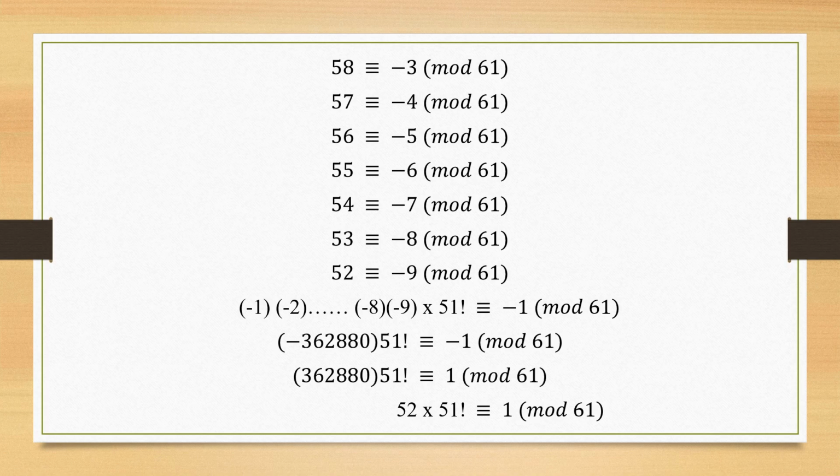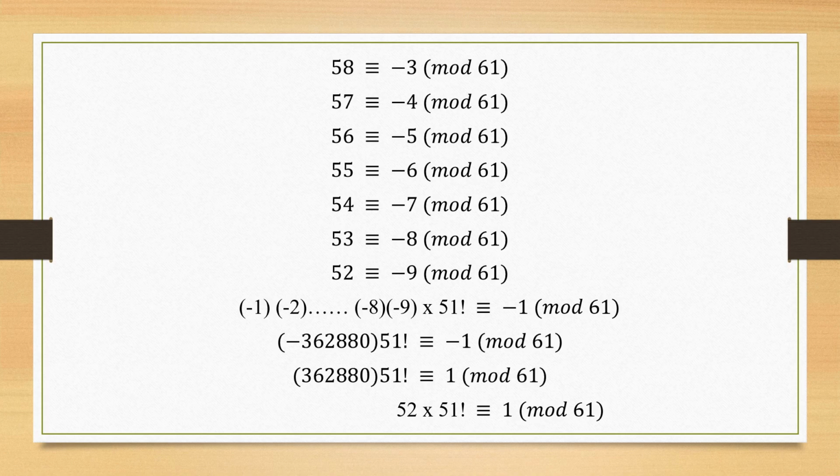As I told you, I had written 60 factorial starting from 60, 59, 58, 57 and so on till 52, and then I write 51 factorial.